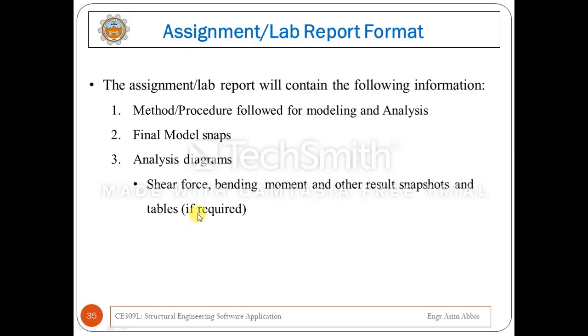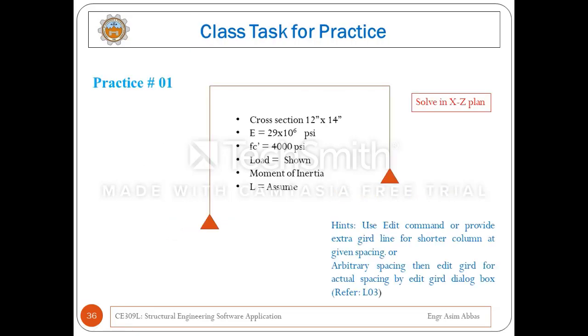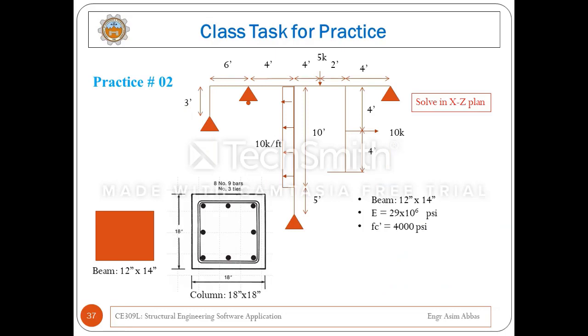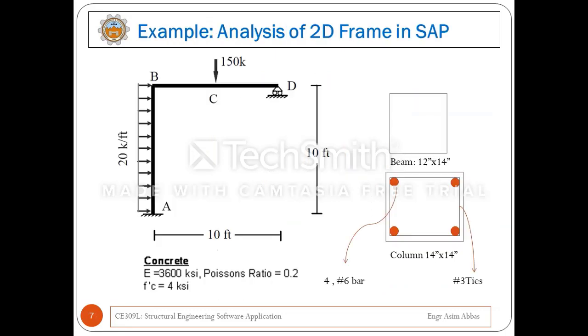Okay, now I will solve a few examples in SAP 2000 for your understanding. So do practice on this one, right? I will only solve this particular example, and also the example that is given at the start of the lecture. Before going to the software, first of all define a number of grid lines in x and y direction, right?